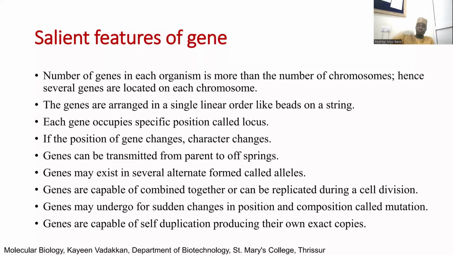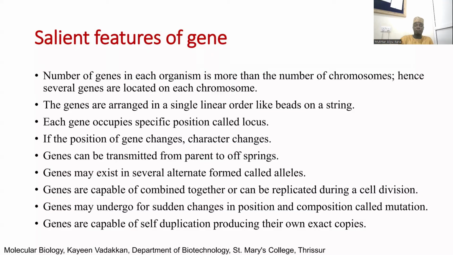So if your parents are brilliant, the gene responsible for intelligence will be passed down to the offspring. So genes can be transmitted. The genes for beauty and the color of skin can also be transmitted from parent to offspring. Genes may exist in several alternative forms called alleles.